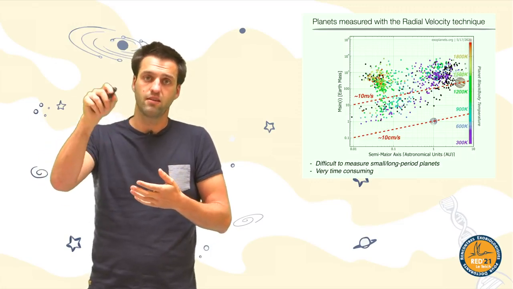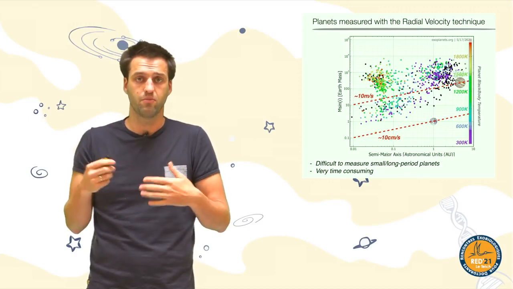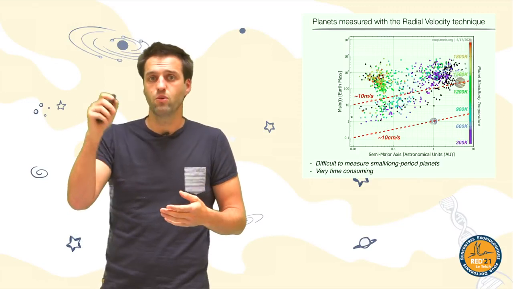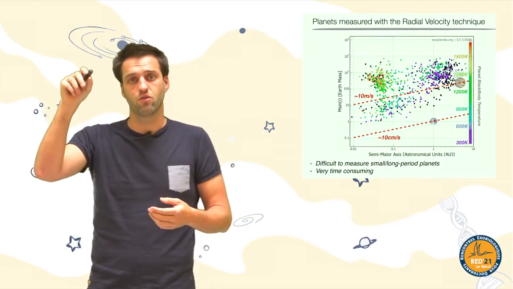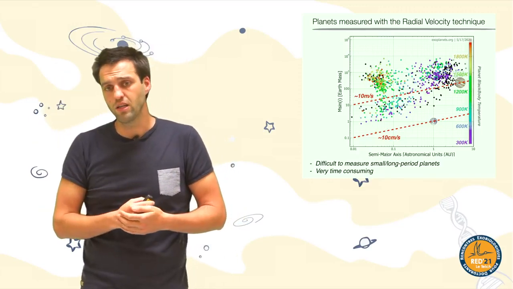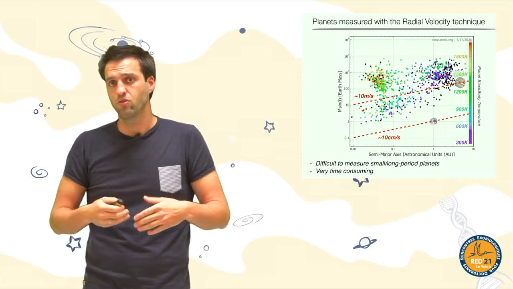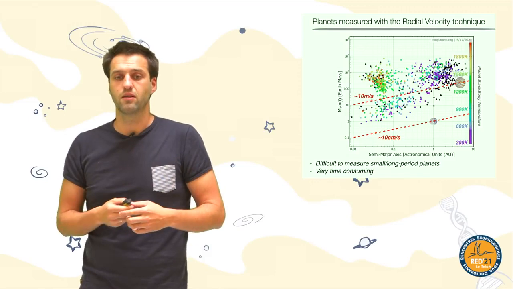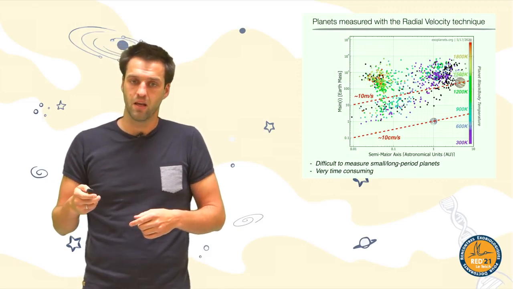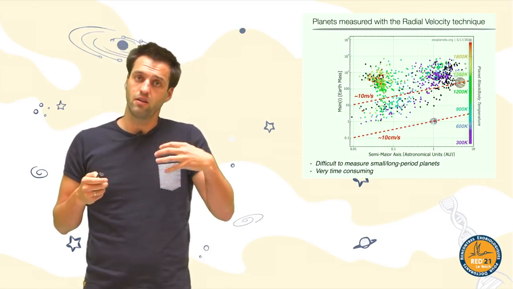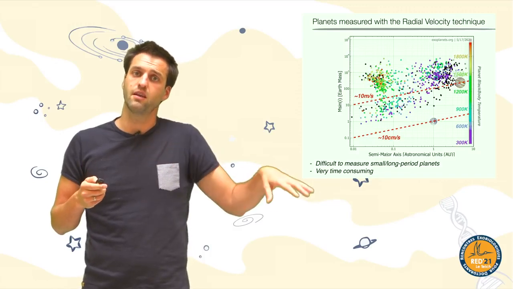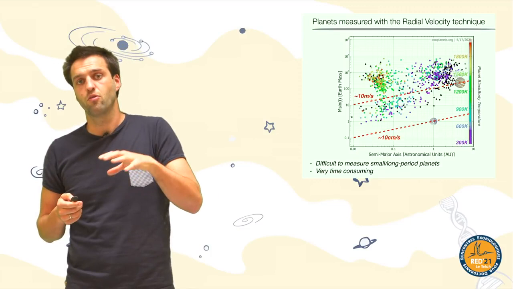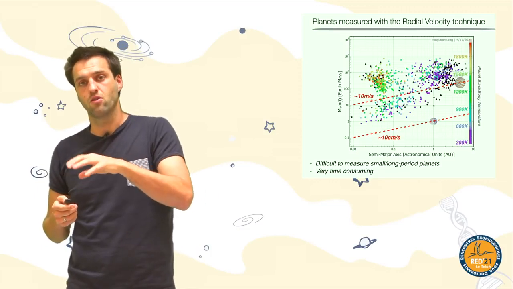We need to take the spectra for a long time, sometimes several years, without knowing whether there is a planet there, and we need to take spectra for these stars one after another, so it's really time-consuming, because you cannot look at many planets at once. You always need to look at these planets one after another. So that's why, historically, it's the first technique that allowed us to discover these planets, but it's not where most of the planets that we've discovered now come from.